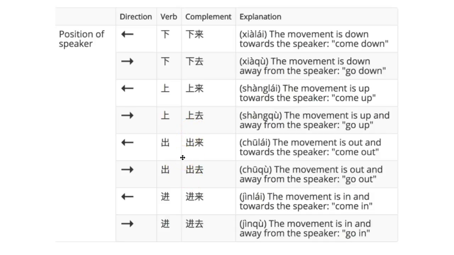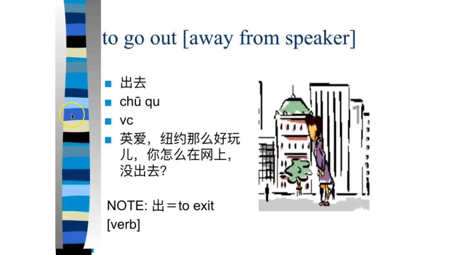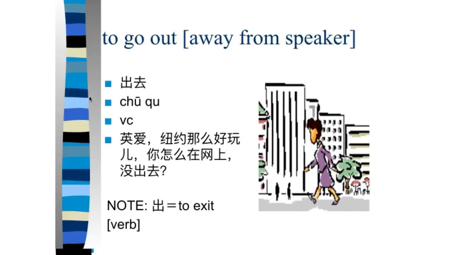Like if I'm telling you as a command, come out, I'm outside and you're inside, and 你出来了, you come toward me. If we're both inside, let's say the classroom, and I tell you to go outside, you're going away from me, and I would say 出去. And the same thing for 进, which is the exact opposite of 出, to go inside someplace or to enter. All right, so let's look at the specific direction complements.